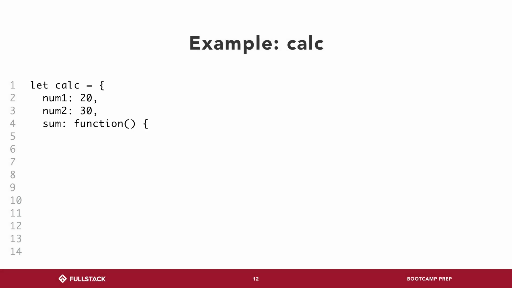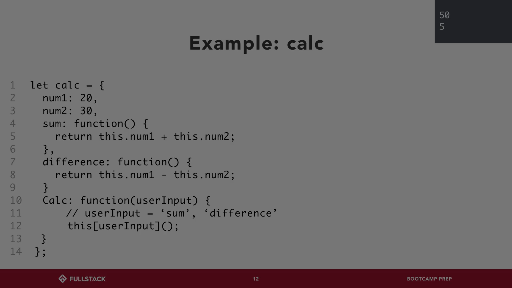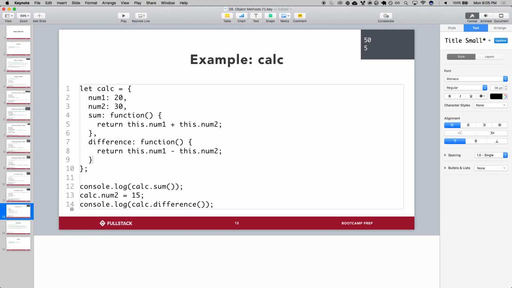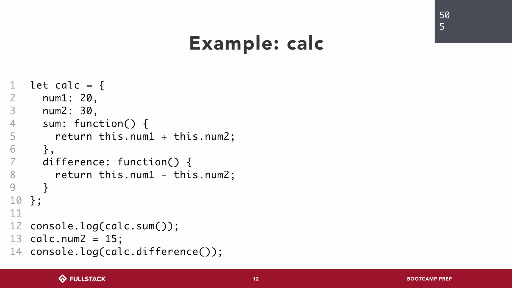Okay, you'll figure it out when we get to an example where you have to do that. So in this case, if we called the sum function at line 12, the sum is 50 because num1 is 20 and num2 is 30.